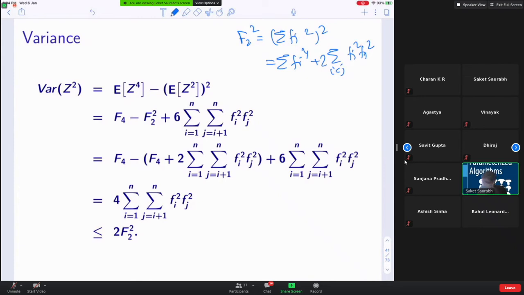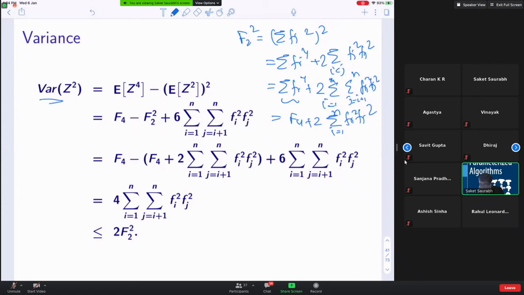And so this is summation fi to the power 4 plus 2 times summation i equal to 1 to n, and summation j equal to i plus 1 to n, fi square fj square. So this is what I'm doing.